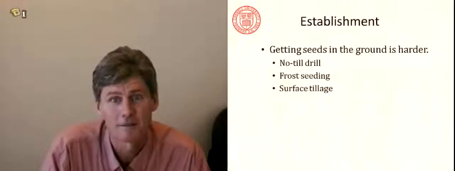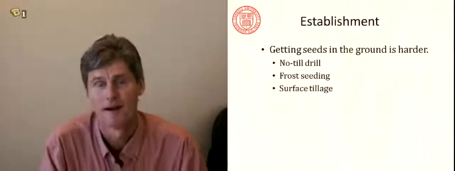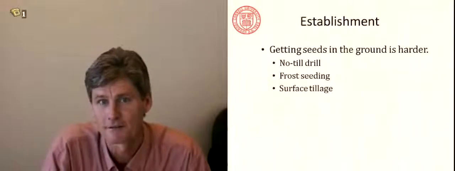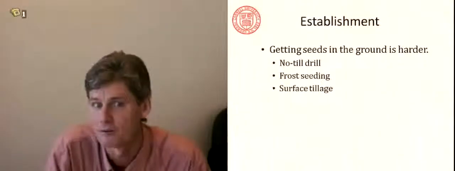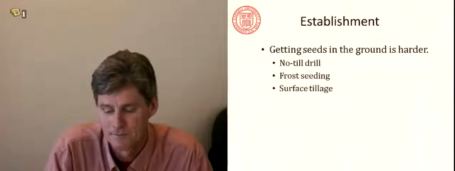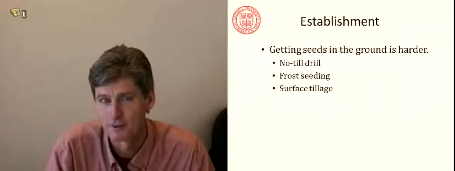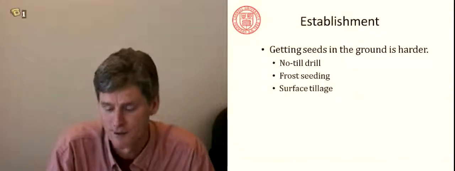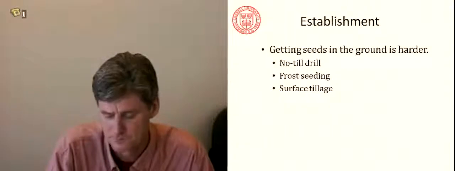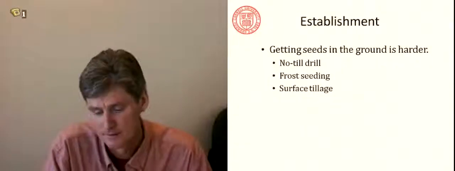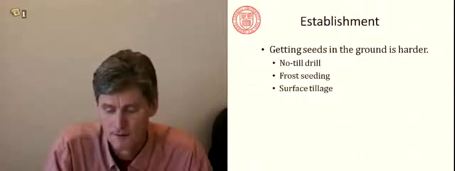Frost seeding is something that you can't do every year, but it can actually work pretty nicely with mustard. That's if you're going to have the cover crop in there just for a short time in the early spring, if you're planting later in late May, June.